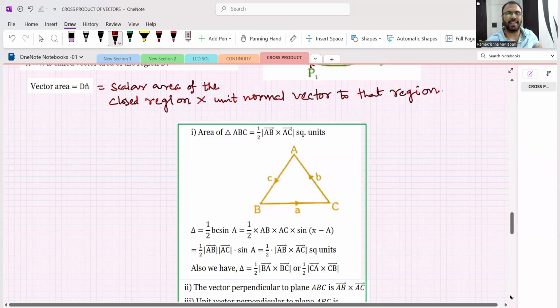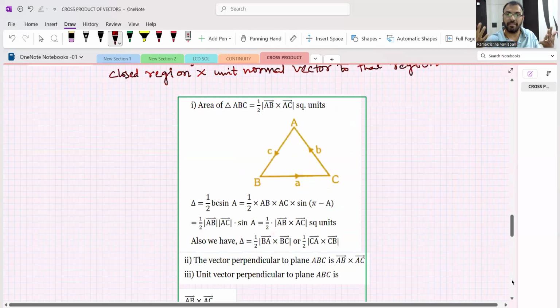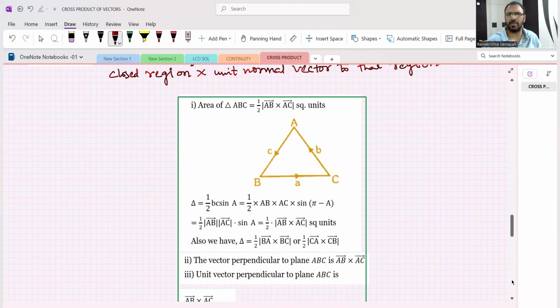So now how do we find the area of triangle ABC? A very, very important concept in three-dimensional geometry and in vector algebra also. Try to keep in your mind that the area of triangle ABC is equal to half into modulus of AB bar cross AC bar. Here, begin with A. In both the vectors, we have to begin with the same point.